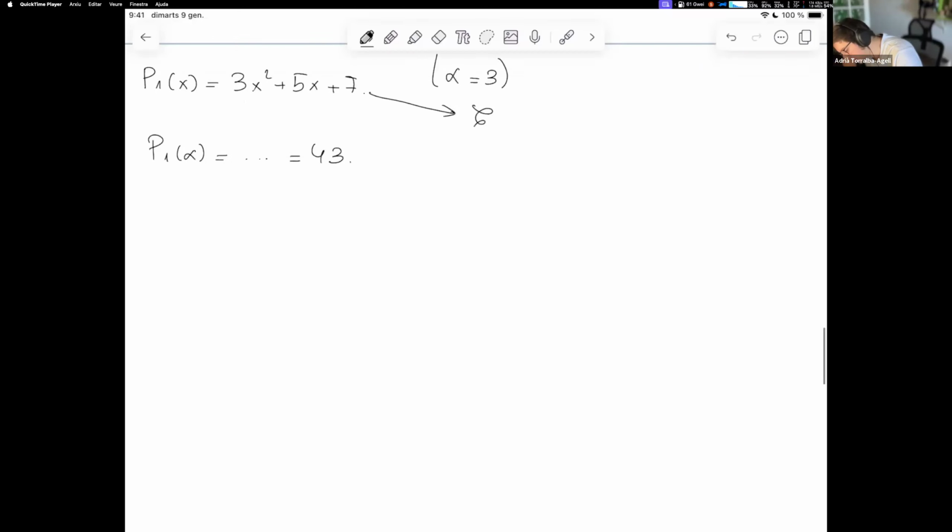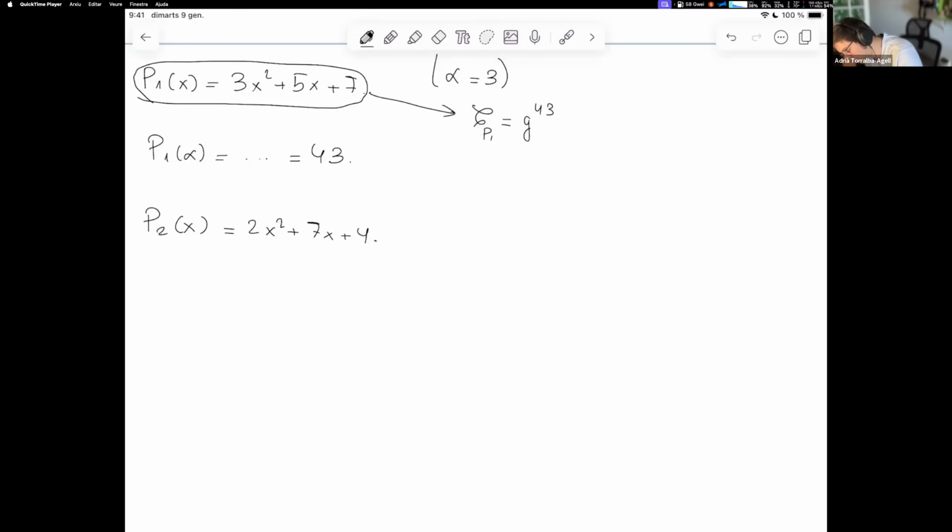Then he can come up with another polynomial, for instance, this one. This is the polynomial committed at the beginning, and this is the commitment. The commitment is g to the 43 for P1.